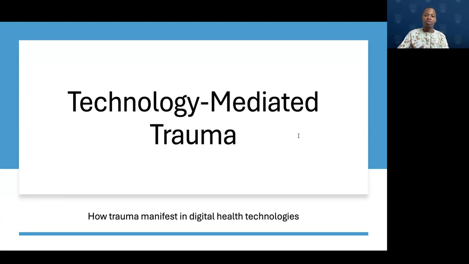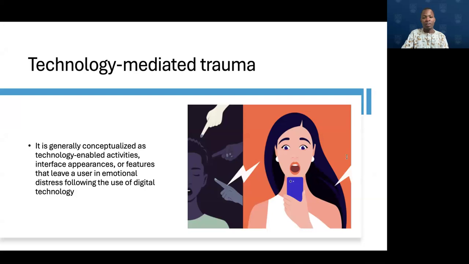This technology-mediated trauma perpetrated through digital health platforms may produce worse outcomes, particularly for vulnerable populations who use these technologies as complementary or alternative sources for seeking information or health services. Just like trauma itself, there is not yet a universally accepted definition of technology-mediated trauma.